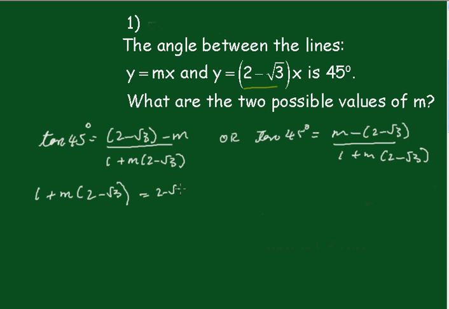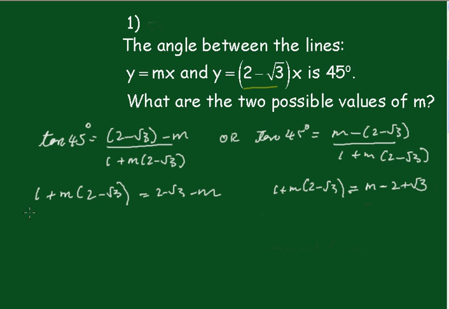2 minus root 3 minus m, and this one becomes 1 plus m(2 minus root 3) equals m minus 2 plus root 3.